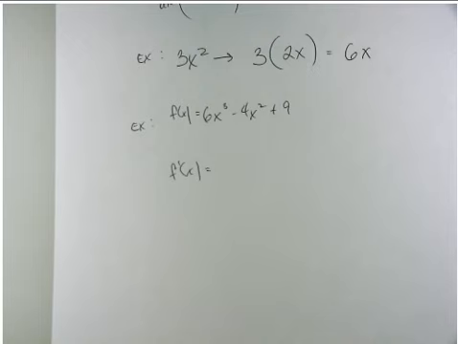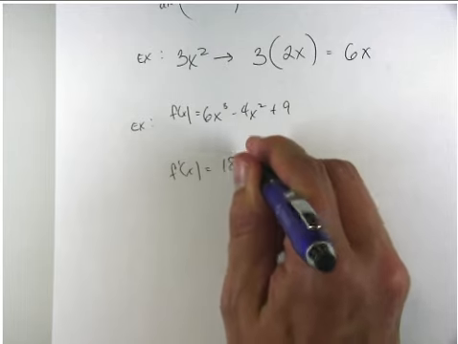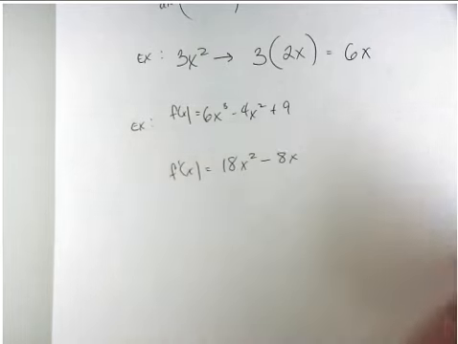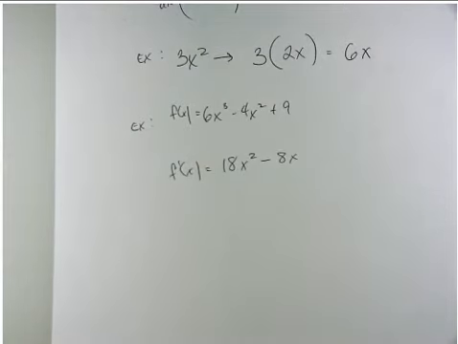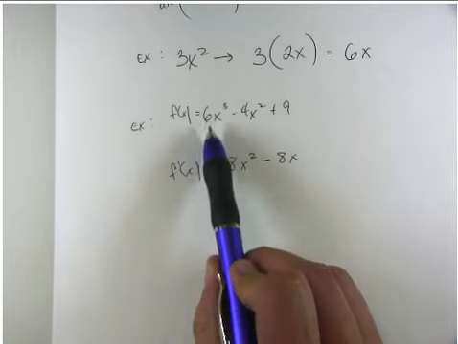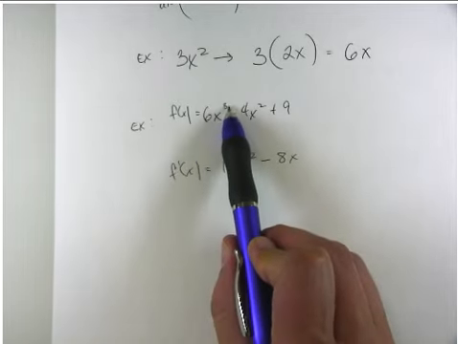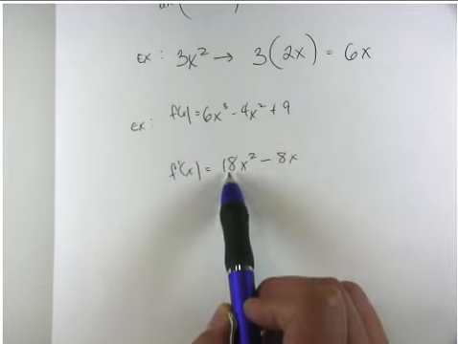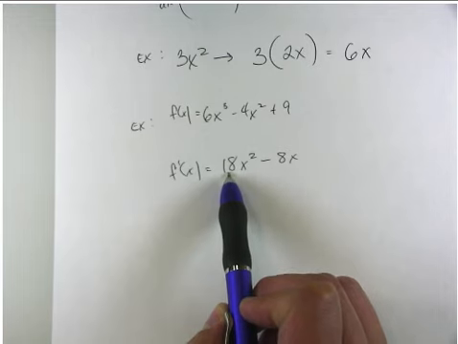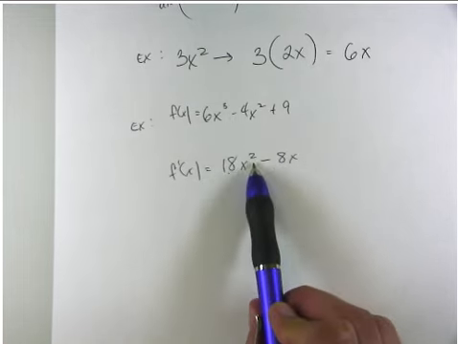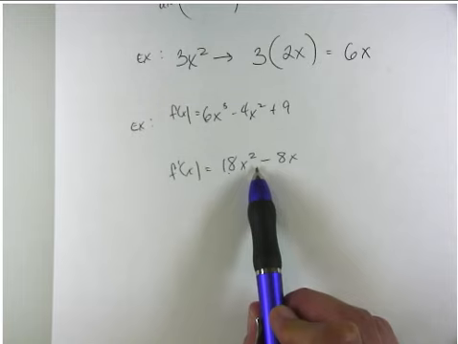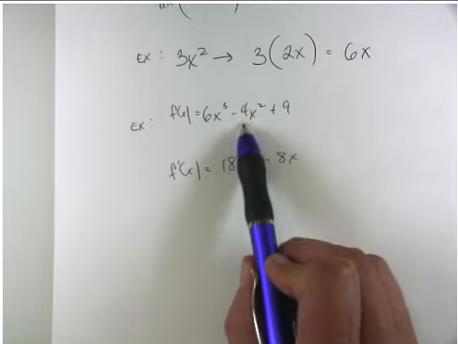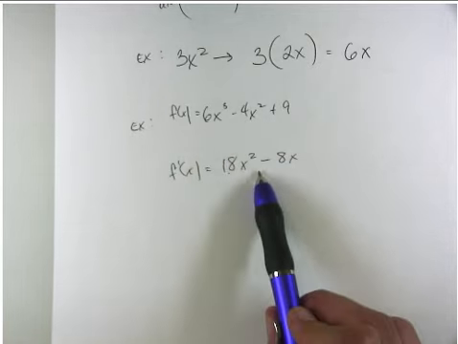So what is f prime of x? 18x squared minus 8x. Absolutely. The 6 doesn't really matter. The 3 will come down, so I have 6 times 3 is 18. I reduce the power by 1, so 2. So 18x squared. The 2 comes down as a coefficient. 4 times 2 is 8, so minus 8.